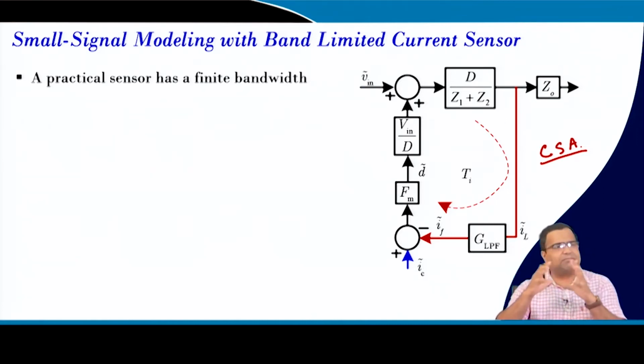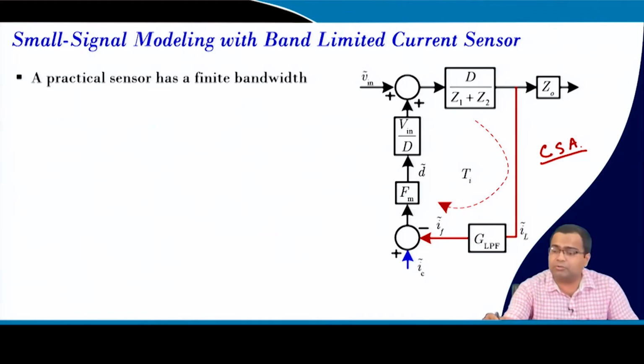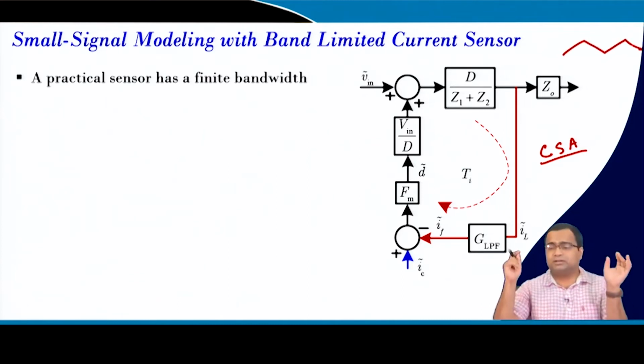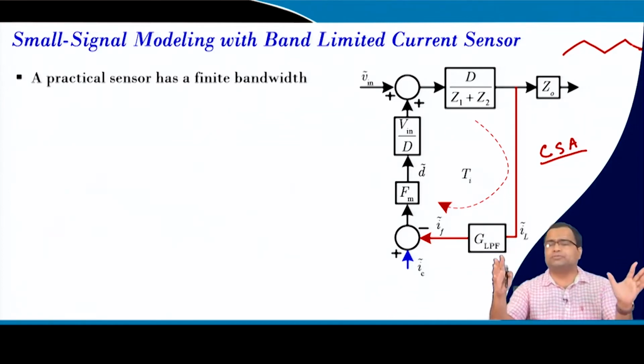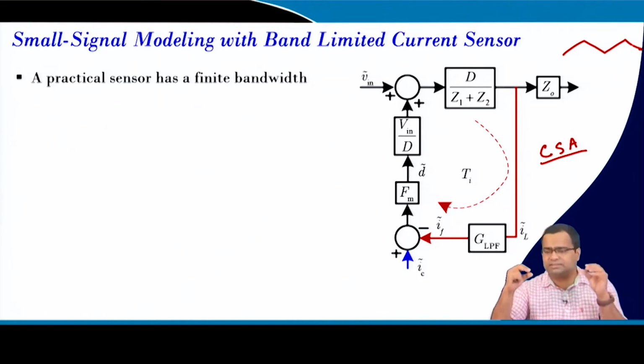There are many ways of implementing current sensing, but particularly for high frequency implementation, the bandwidth of the current sensor is a big concern, because we are talking about inductor current, and if we want to extract the ripple information, then the current sensor bandwidth should be at least 10 times the switching frequency to get this ripple information.